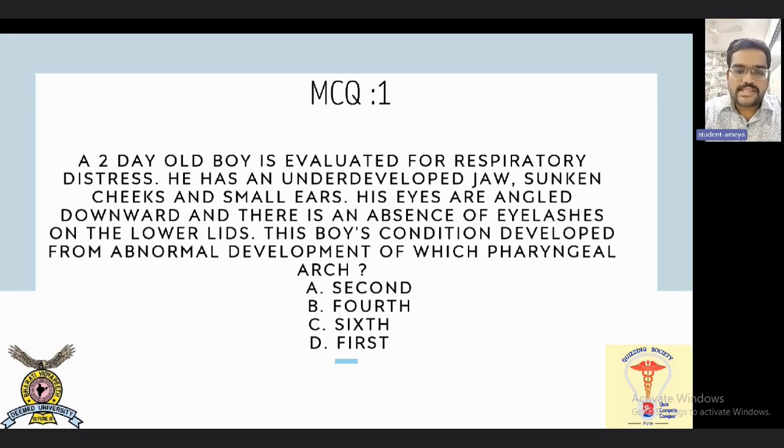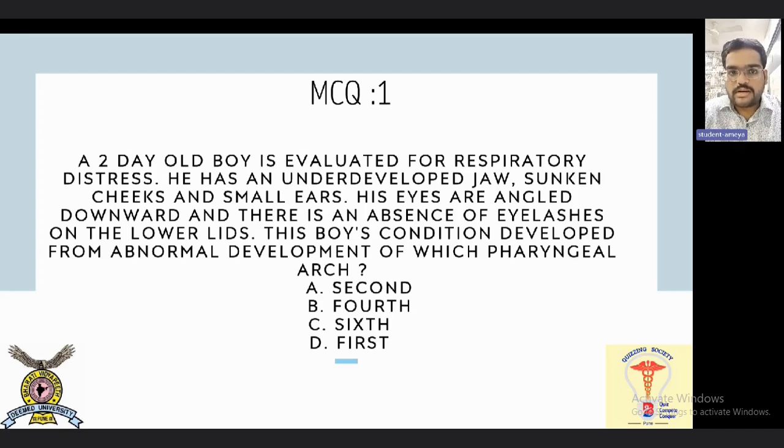And in the question, they have asked me, this boy's condition developed from abnormal development. So basically, the question is asking me some clinical features of a pharyngeal arch. And then I have to know which pharyngeal arch is contributing to these prominent clinical features.